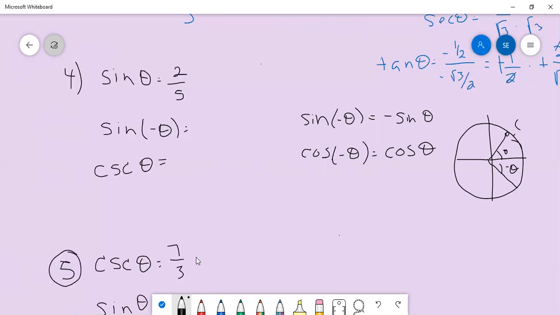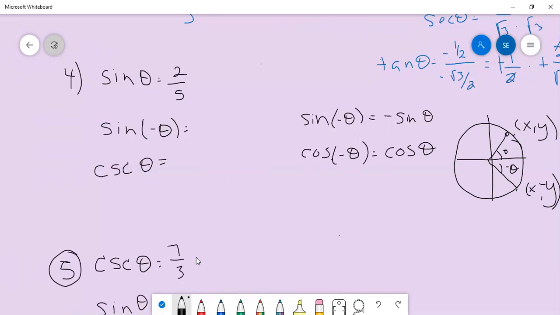We have a point here. This is x, y. This point here has the same x value, but it's going to be equal and opposite, -y. Okay? So our cosines are the same, but our sines are opposite value.